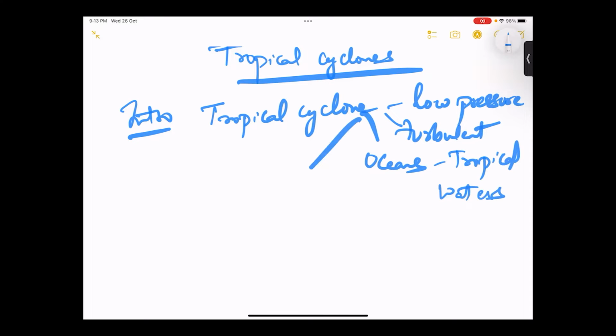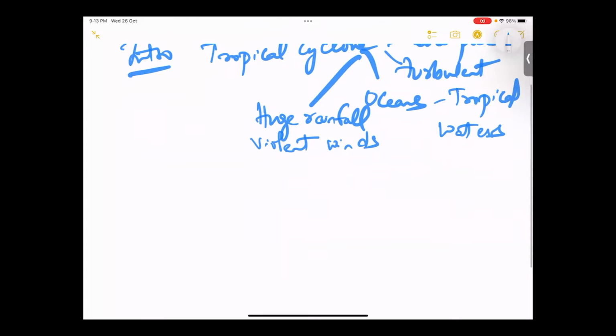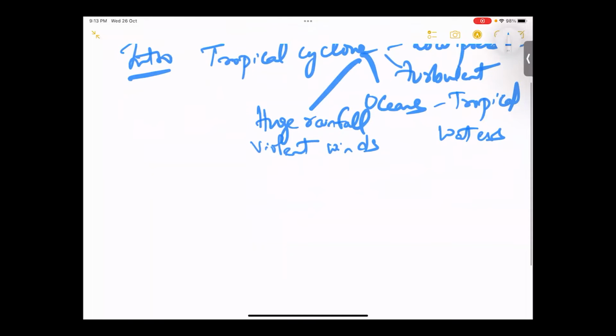It is accompanied with huge rainfall and very violent winds. Is this the description you agree with for a tropical cyclone, or do you have something else? Agreed, everyone? Yes, sir.